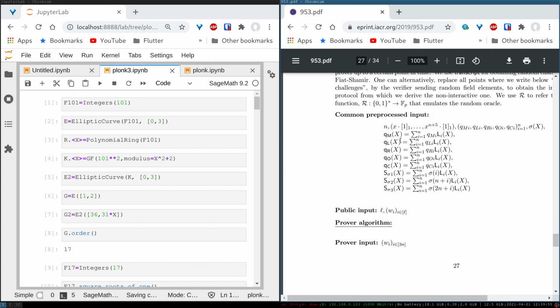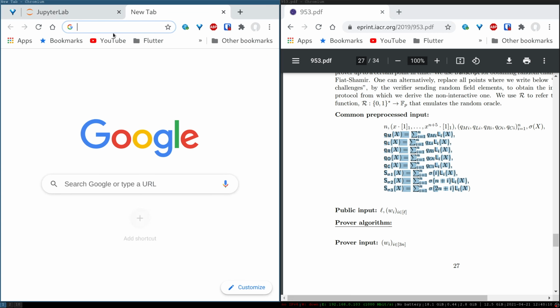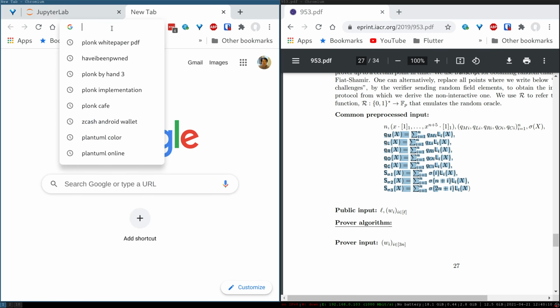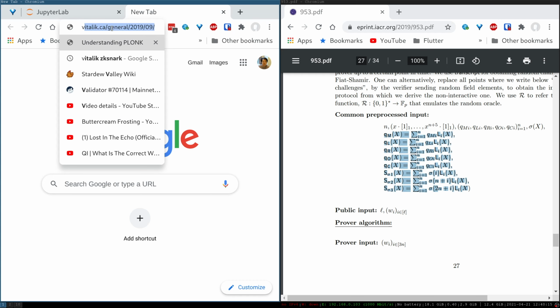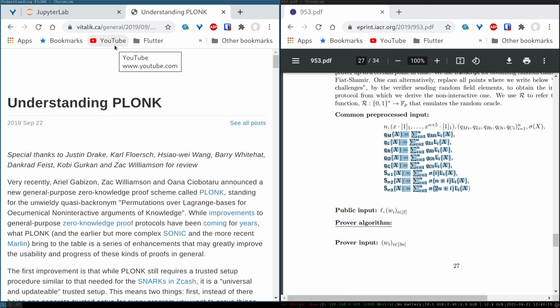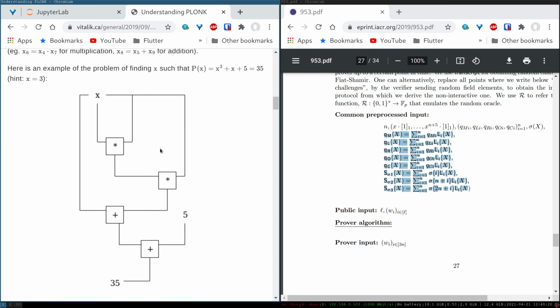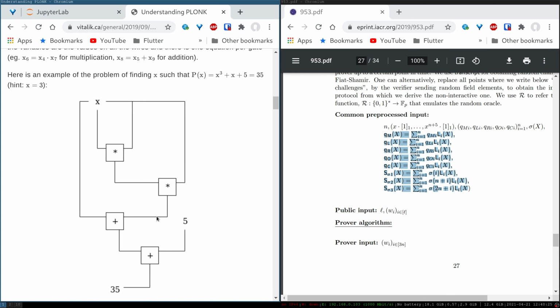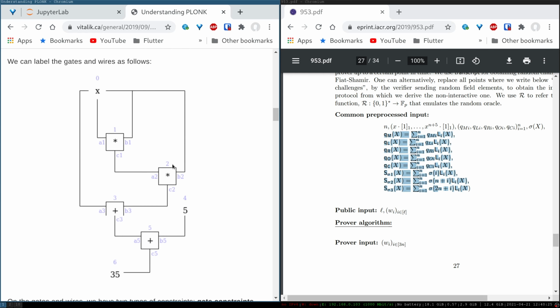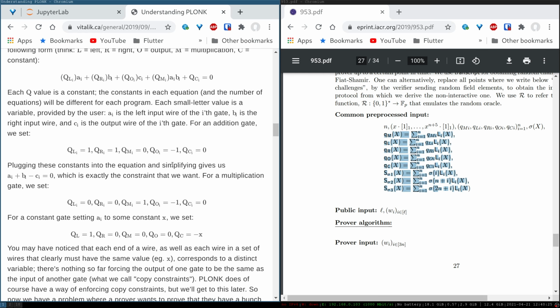The problem has to be stated like this. So this is actually the stuff that describes your circuit. In our case, we want to prove the same statement as the one from Vitalik. So Vitalik explained Plonk pretty well, but this time he didn't go through the actual walkthrough of the calculation. And so we are going to do it ourselves.